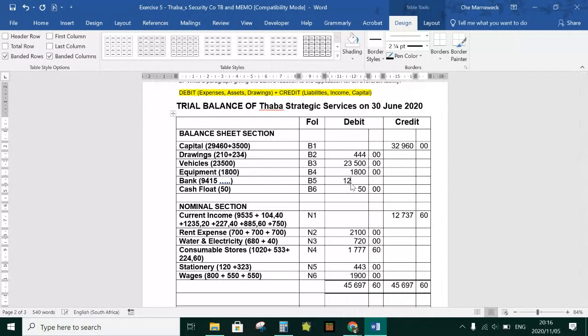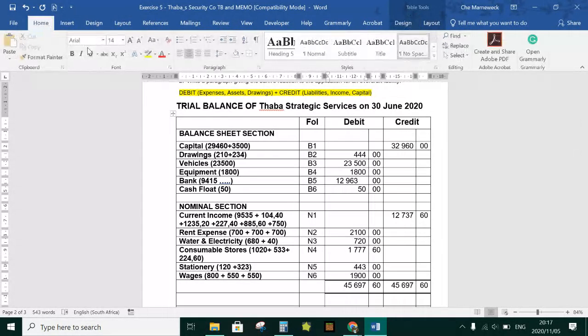That is bank. 12,963.00. Why is this not being aligned there? Okay, so now I've worked out all my amounts.